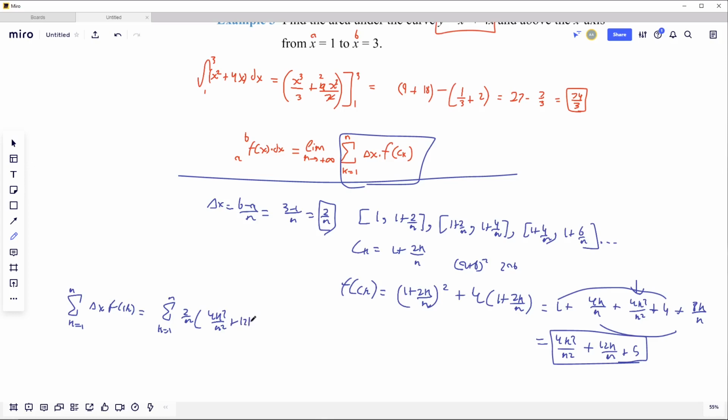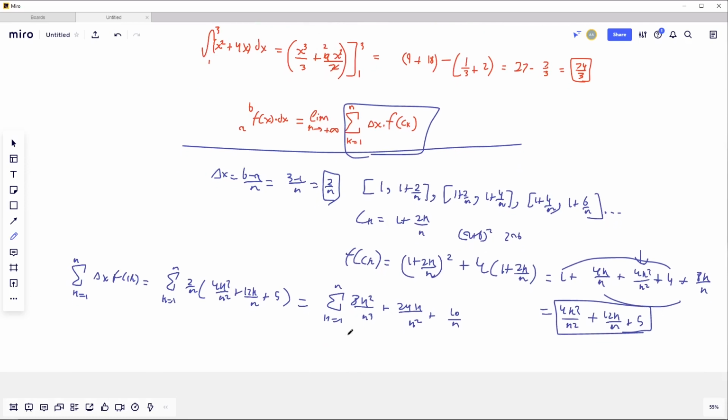You know how to simplify from here, but I'm just going to do this with you guys. I'm going to try going quickly, not to waste anyone's time. Here, this is 1 over n, and then this times that, you get 8k squared over n cubed, plus this times that, that's 24k over n squared, plus this times that, that's 10 over n.